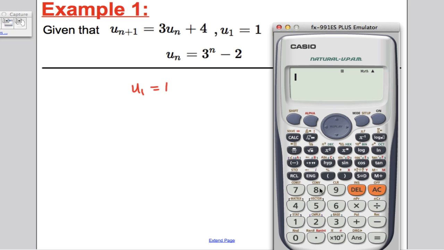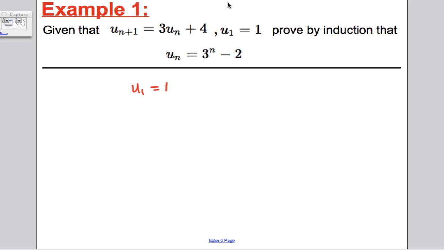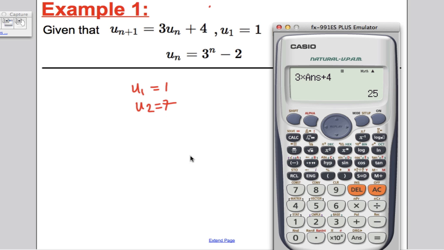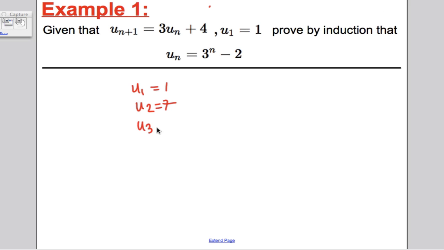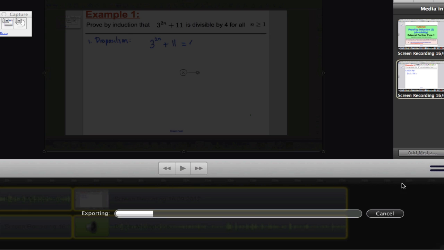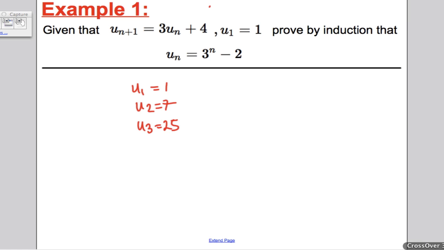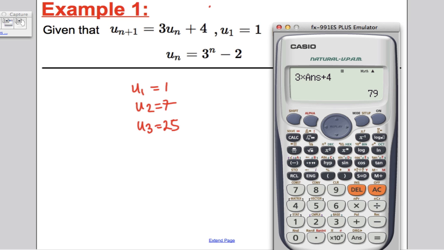So we are trying to work out 3 times u1 plus 4. u2 is 7. We could just use our calculator here and press equals again. u3 is 25. And we could do it one more time, press equals again, 79.